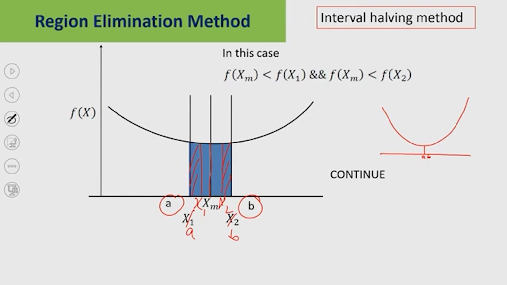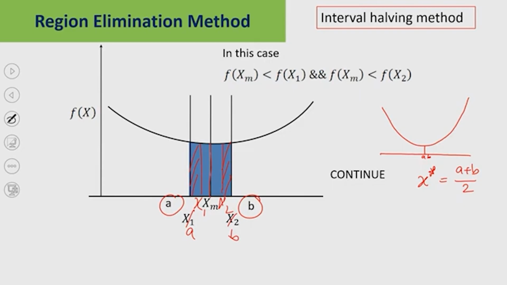If the distance between A and B is reasonably small, then you can terminate your iteration and say that x star, the optimal value, is A plus B by 2. That is your optimal solution.